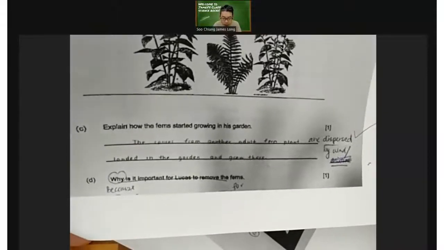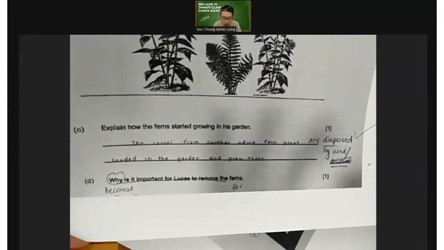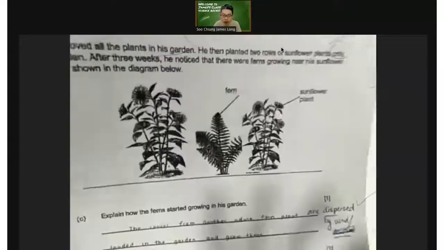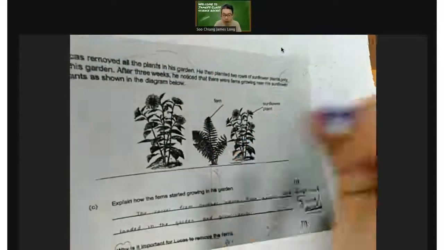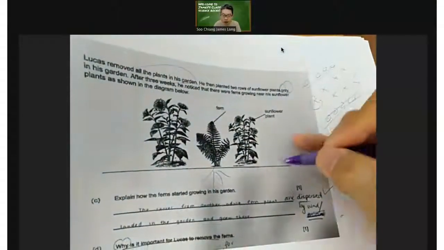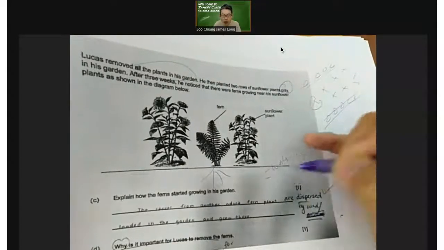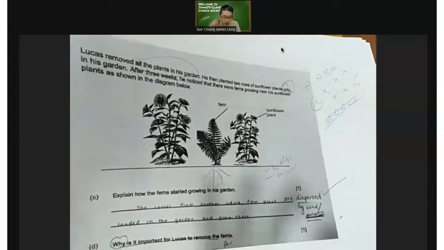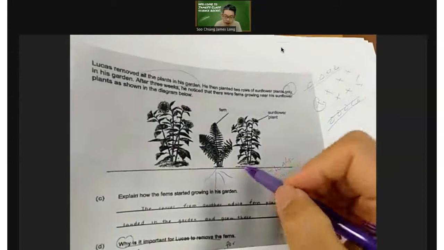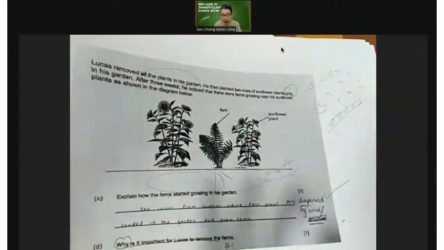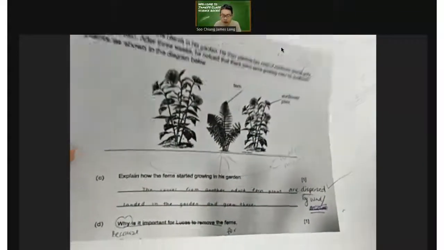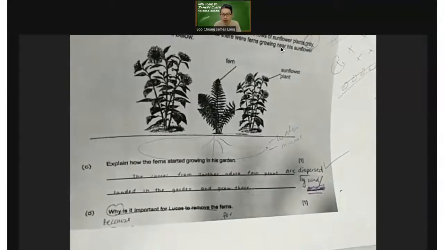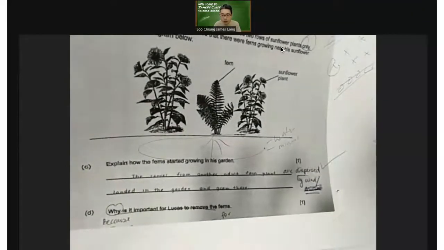Why is it important for Lucas to remove the ferns? Well, the ferns will also have roots, right? And that will compete for water, compete for minerals from the soil with the other sunflower plants. So it is actually to reduce competition for water.